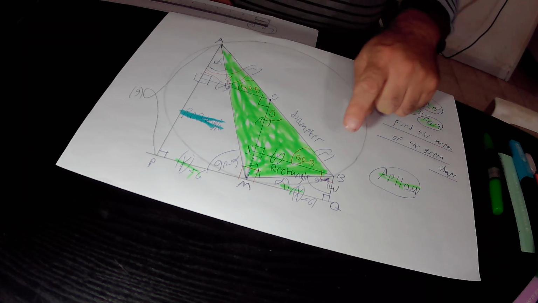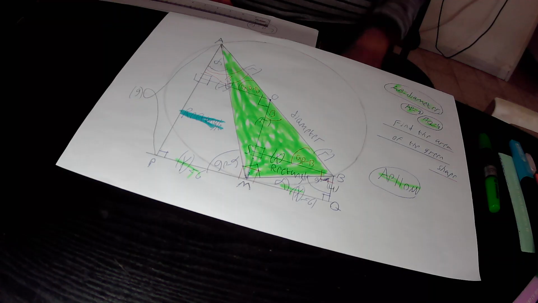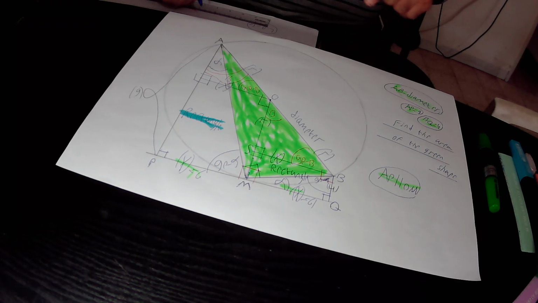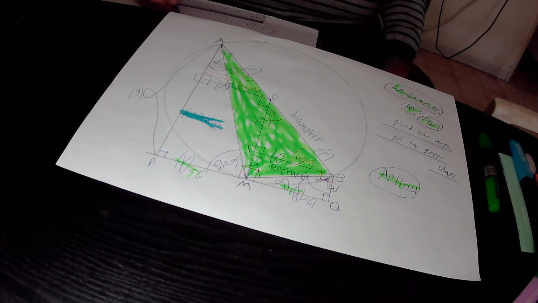So in this small right triangle BMQ, BM squared, the square of the hypotenuse, is equal to BQ squared plus MQ squared.